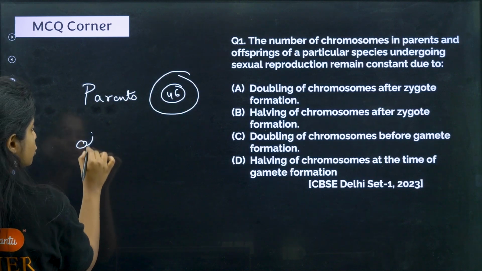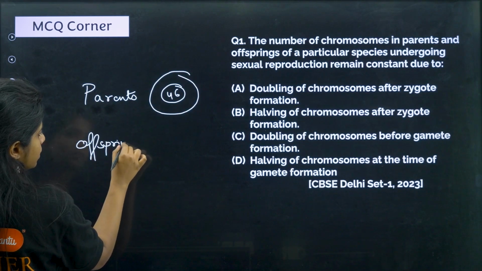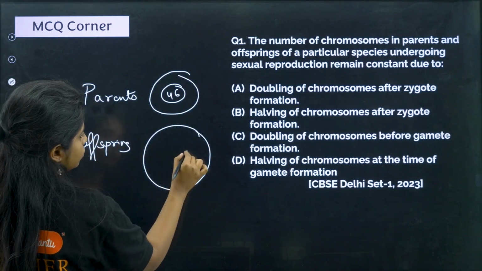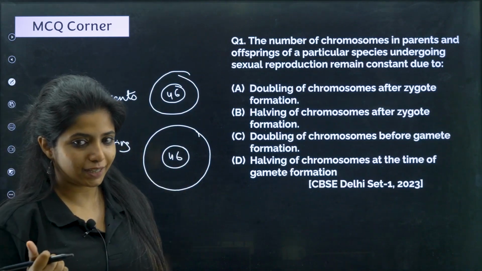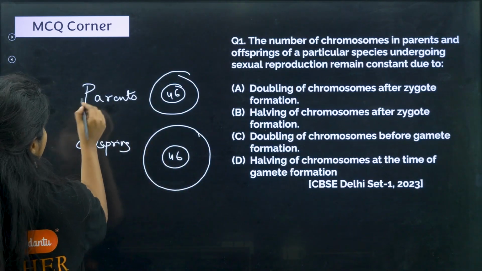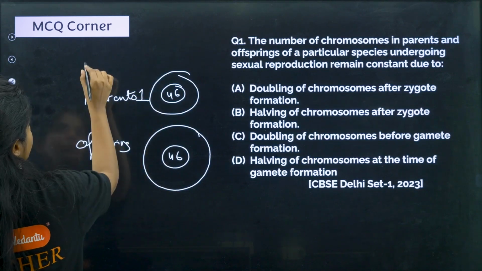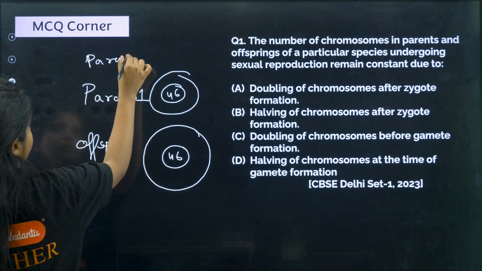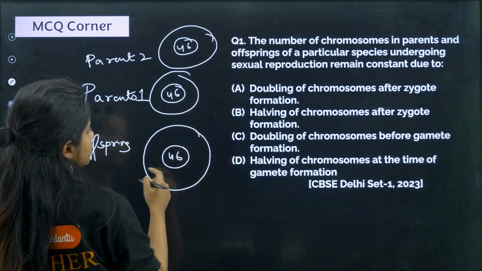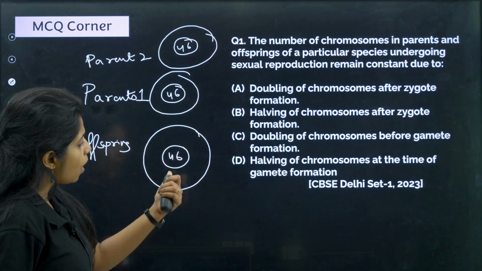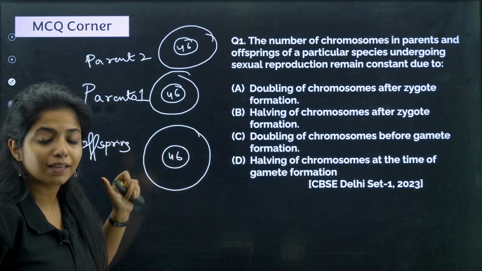In the offspring being produced, in their cell also the number of chromosomes is 46. How can that be maintained? You need two parents. This is parent number 1 and there will be parent number 2. If parent number 2 also has 46, then 46 plus 46, the child should have 92.